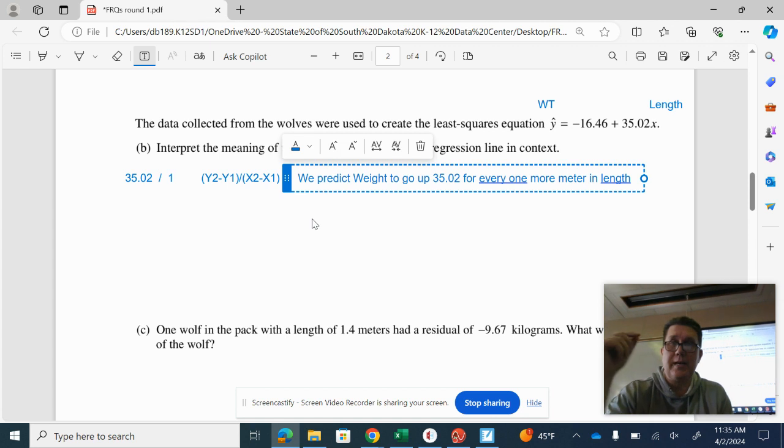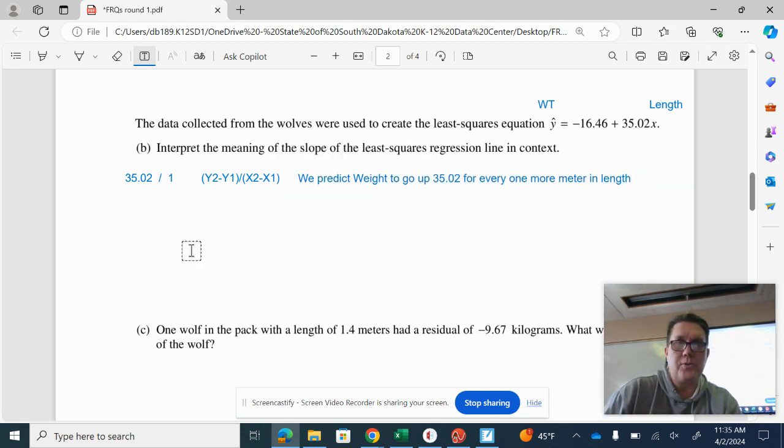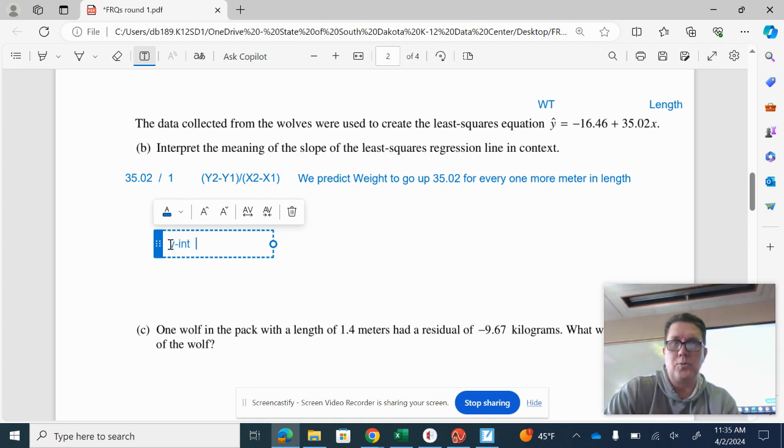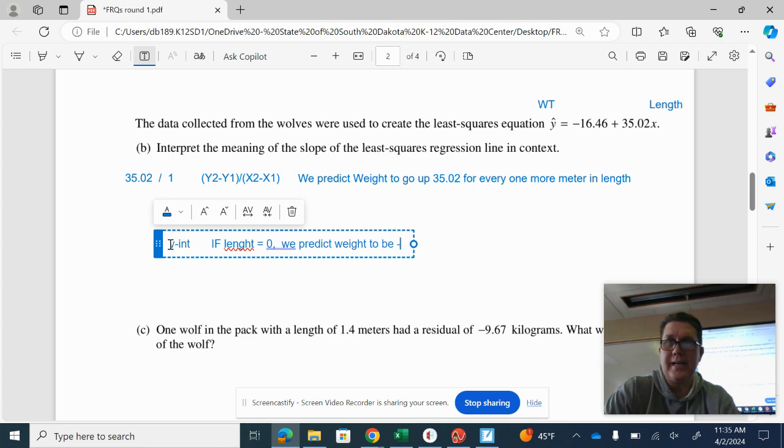Now this is something I believe everybody should be able to do. Make sure you know how to interpret slope. I'm going to interpret the y-intercept. It's not part of the problem, but I think it's good. So remember, this wouldn't be part of the answer, but the y-intercept, if you put 0 in for x, if length equals 0, just look at the equation and what would happen. We predict weight to be negative 16.46.